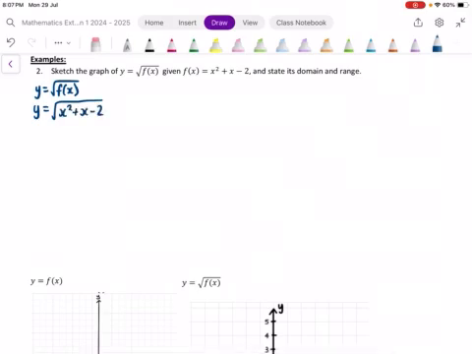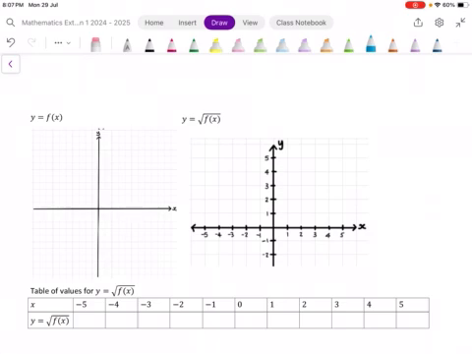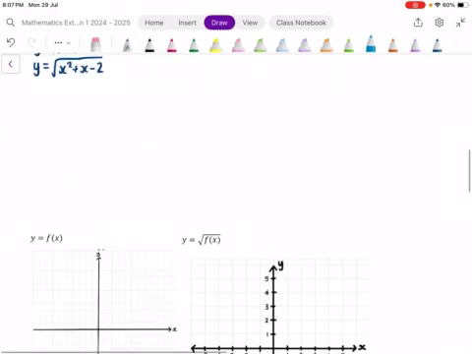Now it's important to note that all we want is the positive version. What we're going to do to get this is on our first axis, sketch the graph of y equals f(x) to see what happens and do a bit of an investigation.